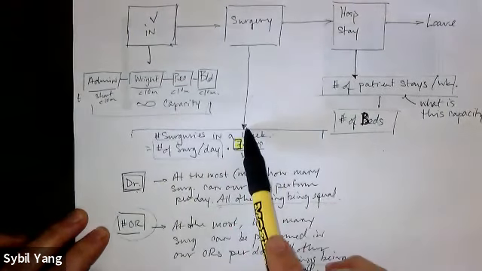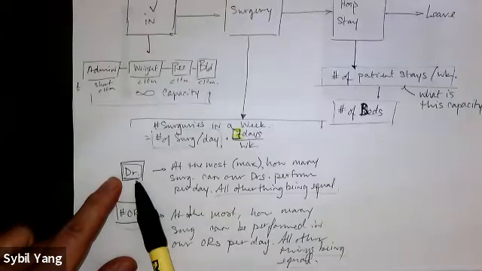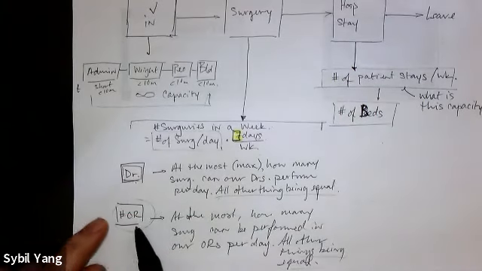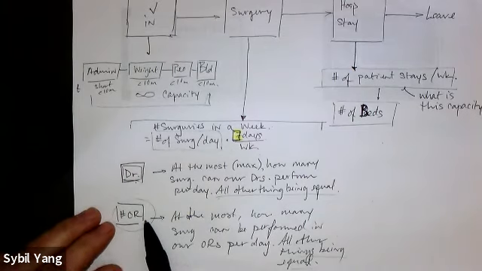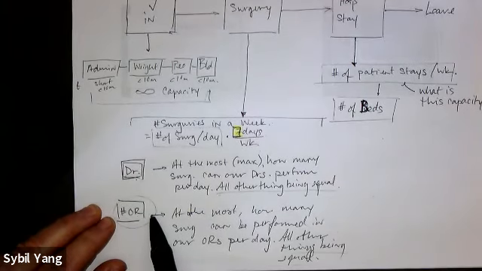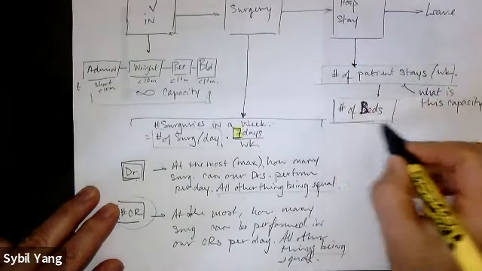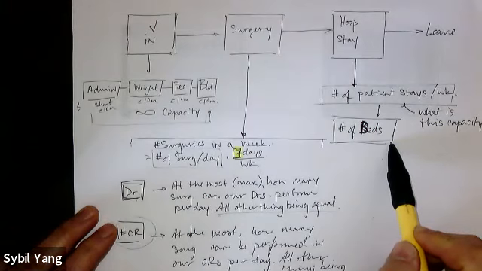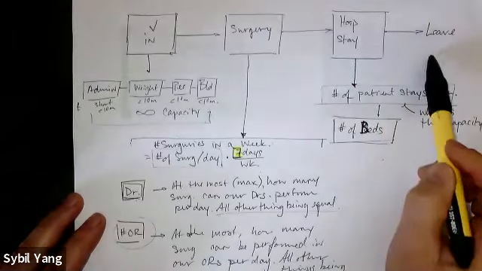On the surgery side, maybe the number of surgeries that our doctors can perform is constraining the flow of patients. Or maybe it's the number of operating rooms that's constraining the number of patients that we can perform surgeries on in any given day or week. Or maybe it's the number of beds that our patients have to stay in while they're recuperating that's constraining the number of patients that can go through the system.